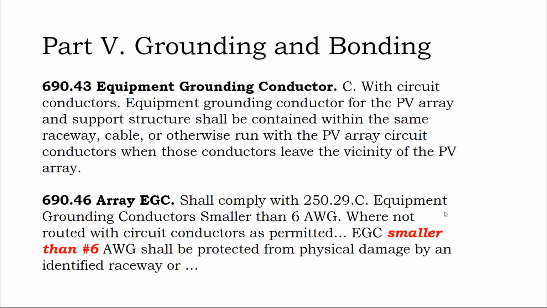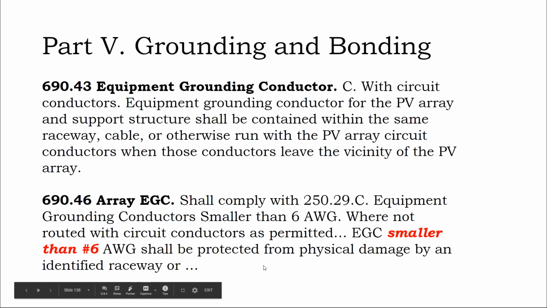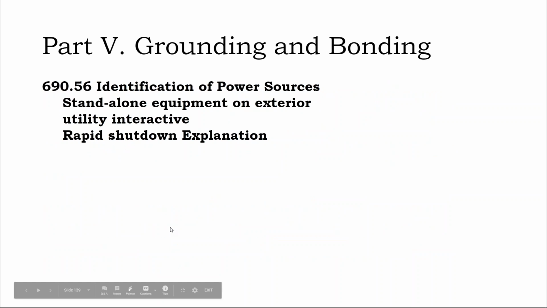This is where we talked about how installers will just run a number 6 bare ground up to the rooftop and land it on the racking and call it a day. If it's smaller than number 6, then it needs to be physically protected. That's where I usually use a number 8 that's wrapped into the MC cable.